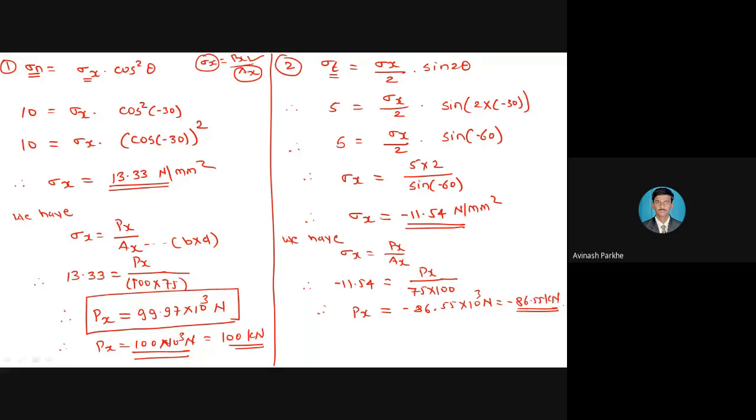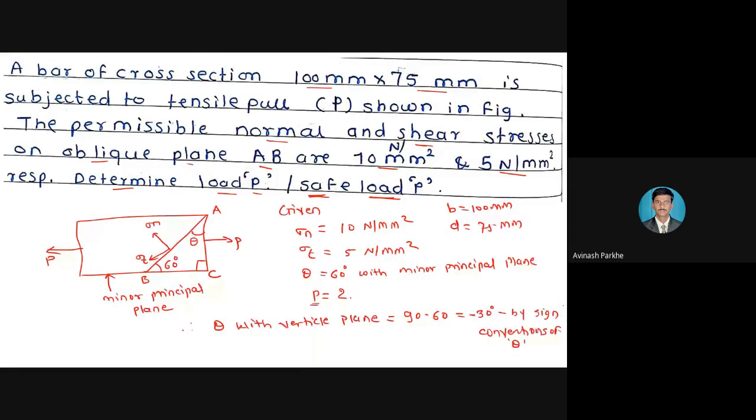So why did this negative sign come? Because the theta value we have taken negative. Due to the theta only, you got the answer negative. But in the actual case, if you read the statement carefully, your member or body is subjected to the tensile pull. Tensile means whatever the force is applied, 100% it is tensile.